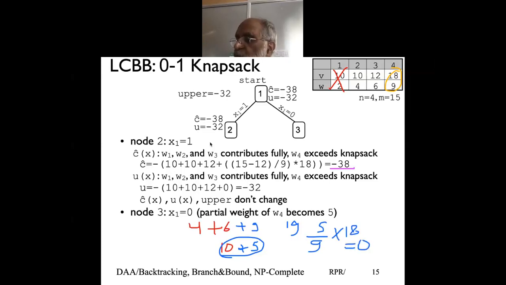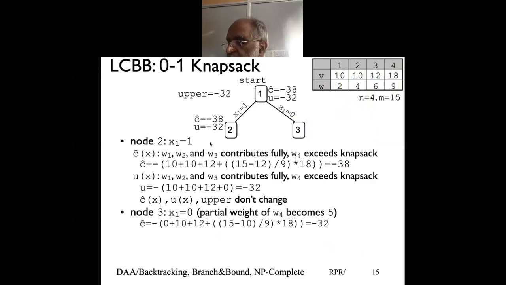So that means the value when I compute C hat x for node 3 would be 10 plus 12, 10 for this, 12 for this, and the partial of this, which is 10. So C hat x would be minus 32. What about the ux?